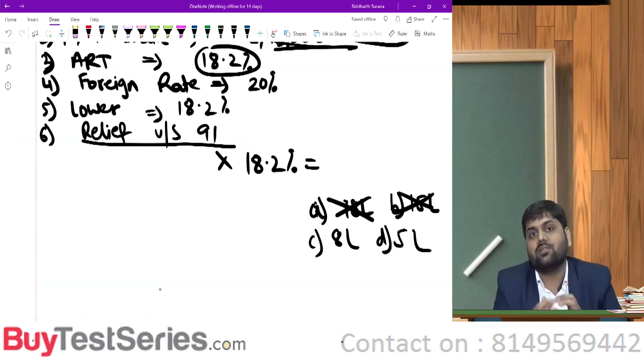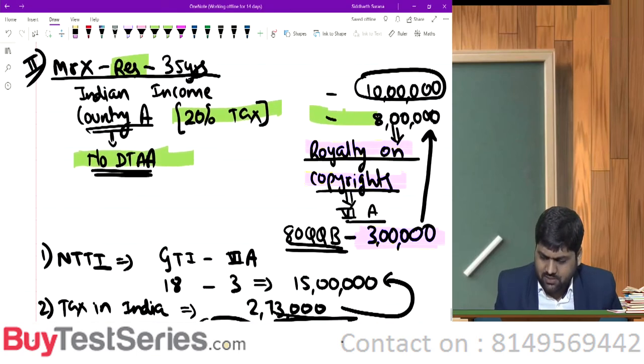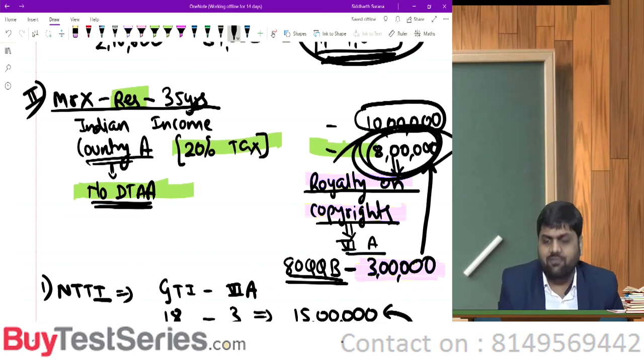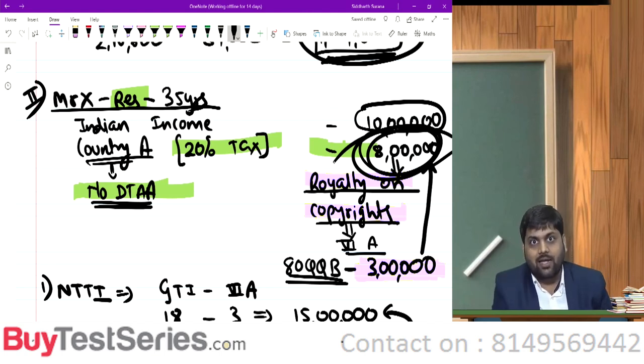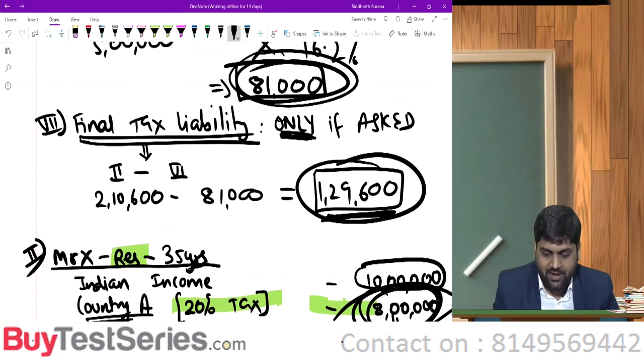So those students who are thinking 8 lakh, their thinking is basically this: foreign income 8 lakh, you have paid tax in that country on 8 lakh, then give relief on 8 lakh. But wait. Why is 8 lakh the wrong answer? Why is 5 lakh the correct answer?